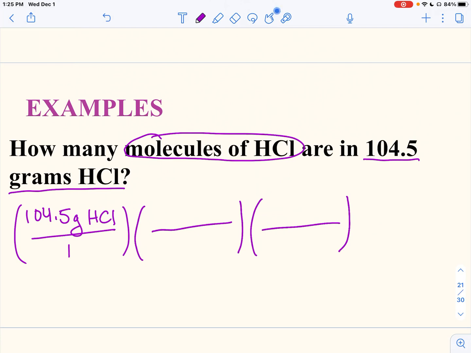And then we know we're going to drop down both parts of our units. You also know that whatever you're looking for goes on the top of the last factor. So you can go ahead and put molecules right here.